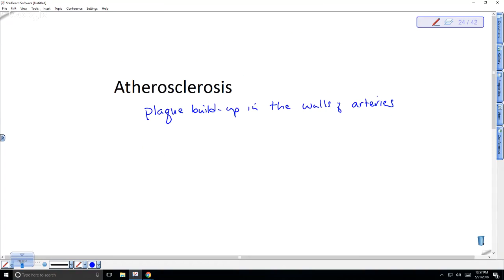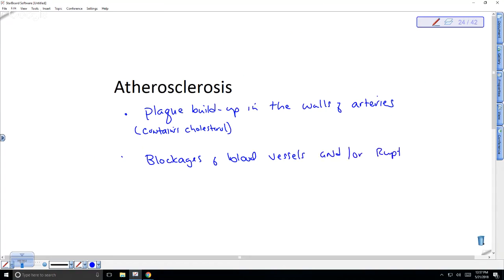So this plaque contains cholesterol. It can cause blockages of blood vessels and or rupturing.